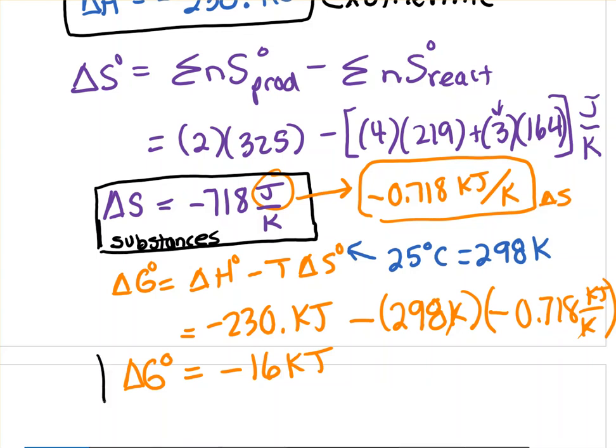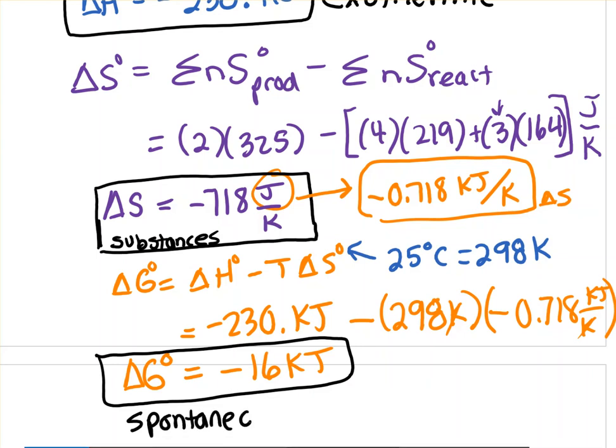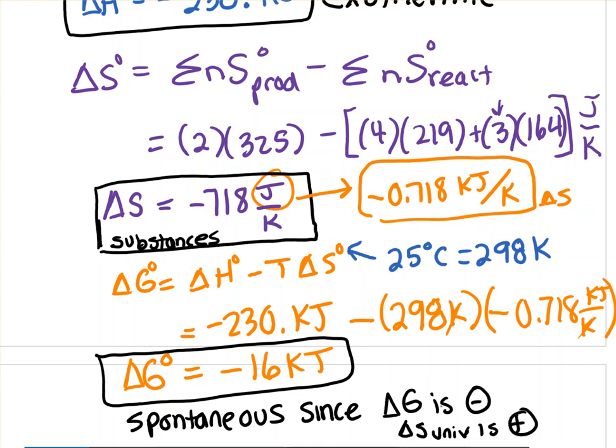So we got our Gibbs free energy. Is the reaction spontaneous? Gibbs free energy is negative. That means that the change in entropy for the universe is positive, because that's what Gibbs free energy takes into account.